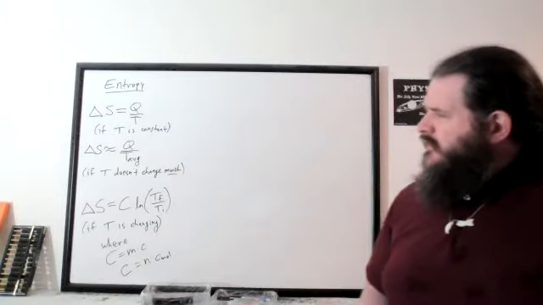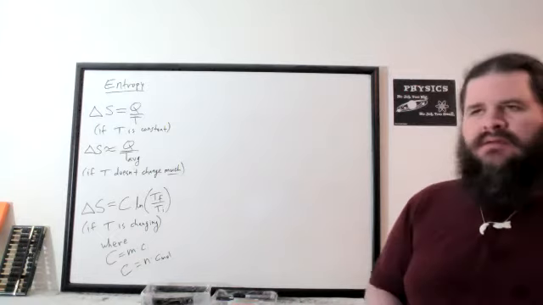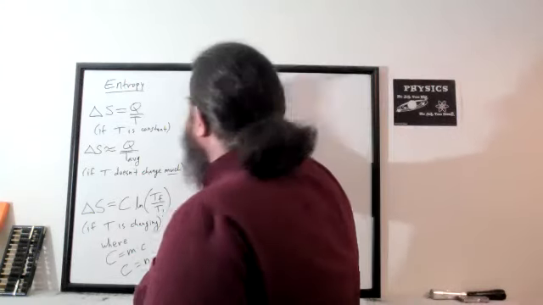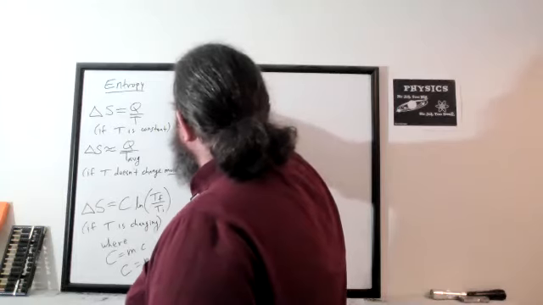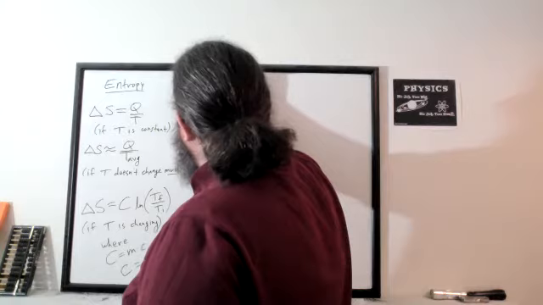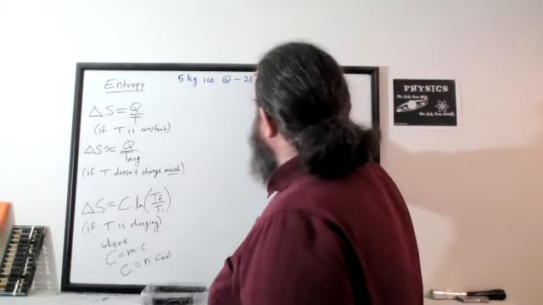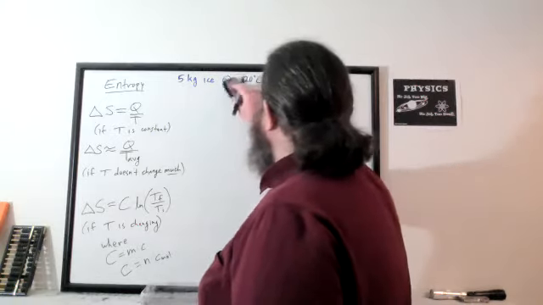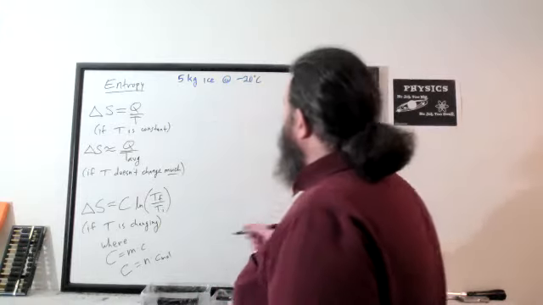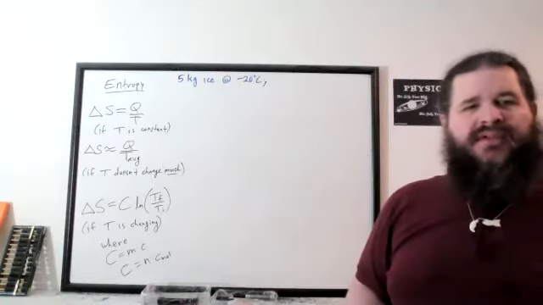So let's try an example of this. Let's say we have a block of ice that we're trying to melt. Let's say we have a block of 5 kilograms of ice at, let's say, negative 20 degrees Celsius. And let's say we want to bring this up to a boil.